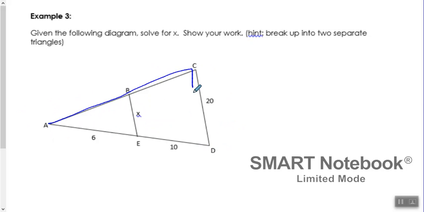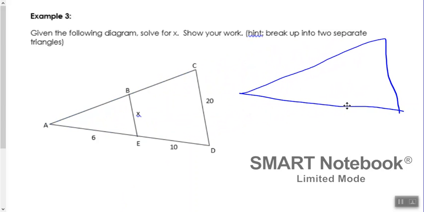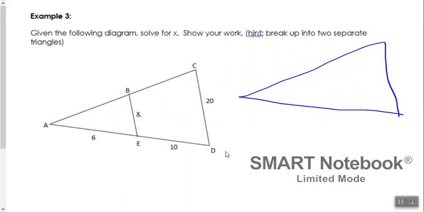So this big triangle, here. So this is ACD. And I know this side right here is 20. And this side right here is 6 and 10. So 6 plus 10, I get this side is 16 long.